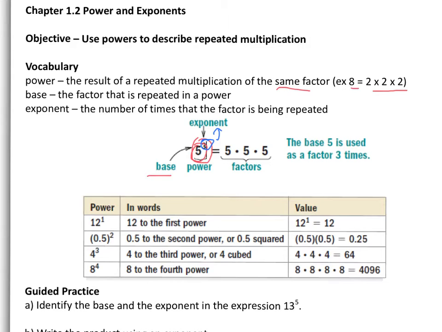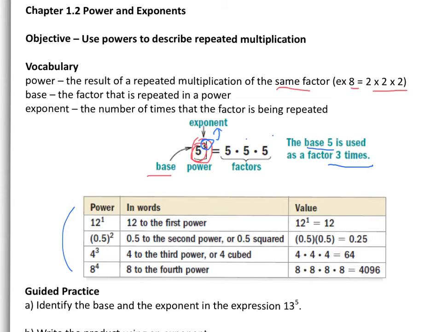So 5 to the third power is written as 5 times 5 times 5. And all three of these 5s are factors. The base 5 is used as a factor 3 times.